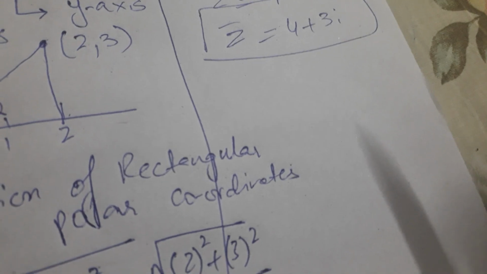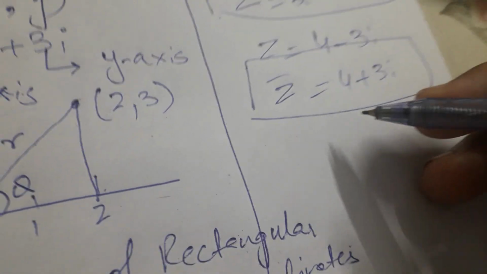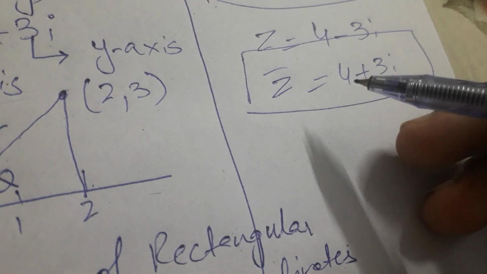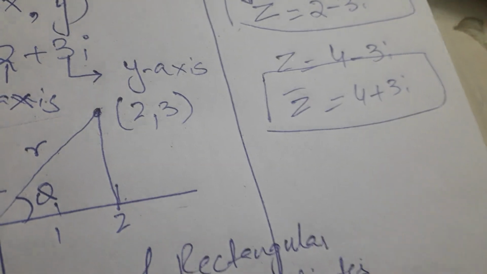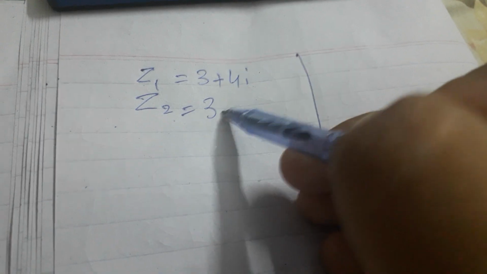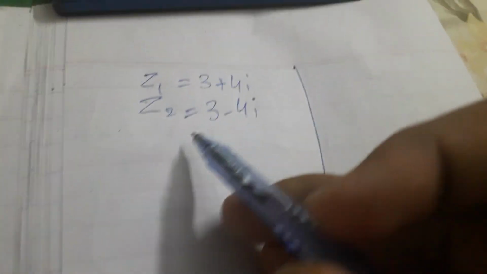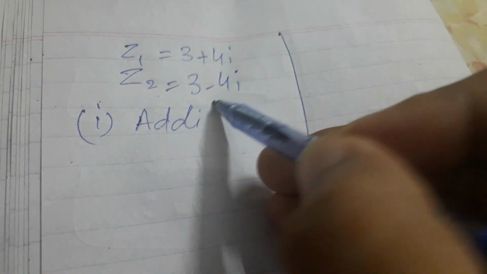Now we will look at the 4 important operations: subtraction, addition, multiplication and division. Let's take two numbers. Z1 is 3 plus 4 iota and Z2 is 3 minus 4 iota, and we will start with addition.